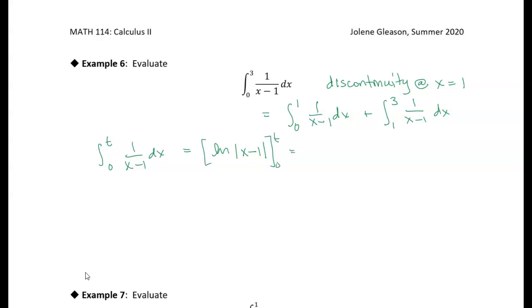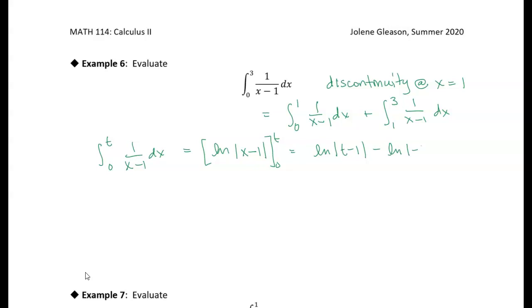So I get the natural log of, it's a positive interval, right? So I know t, well, I guess I just have the minus 1. So let's leave it as the absolute value of t minus 1. Okay, and then minus the natural log of, I'm going to put in 0, right?